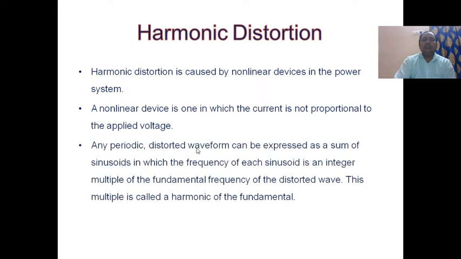A periodic distorted waveform can be expressed as a sum of sinusoidals in which the frequency of each sinusoidal is an integer multiple of the fundamental frequency of the distorted wave. This multiple is called a harmonic of the fundamental.